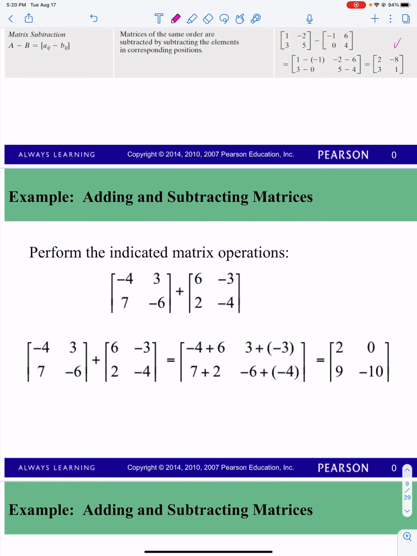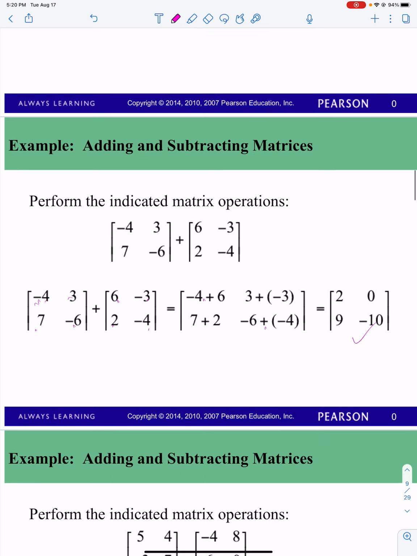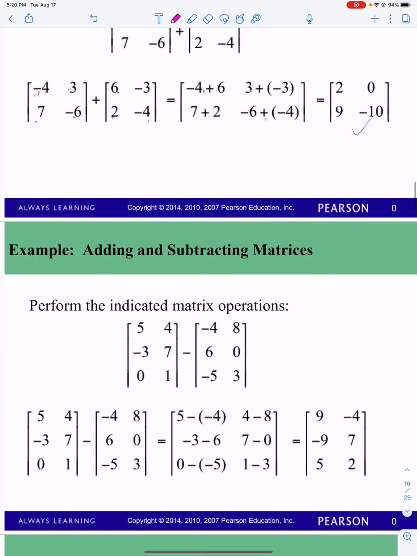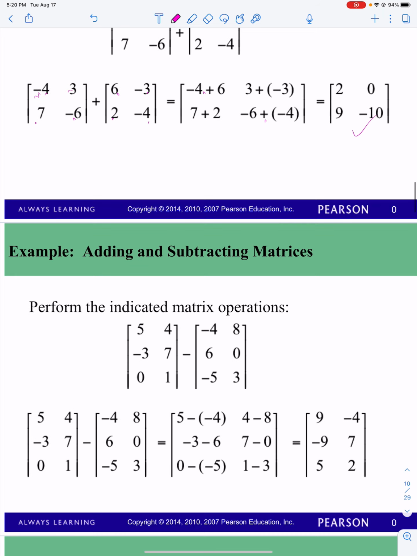Okay, and this is another example. It's good to practice. Negative 4 plus 6, 3 plus negative 3, 7 plus 2, negative 6 plus negative 4. Good. So here, the first step: what is the order of these matrices? 3 by 2 and 3 by 2, the same order, so you can do the subtraction.